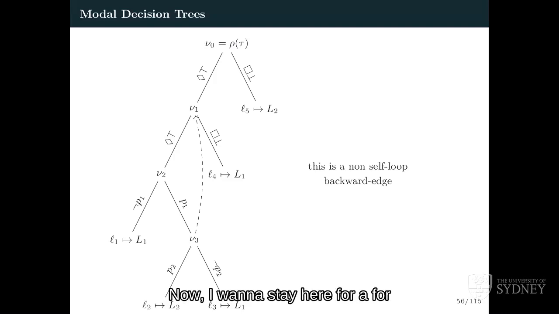Now, I want to stay here for a second and ask you whether this is what we would like to learn. Let's say this is too much for a moment. So what should we give up for a little while?